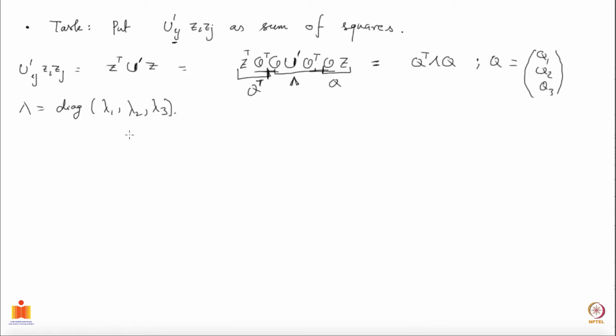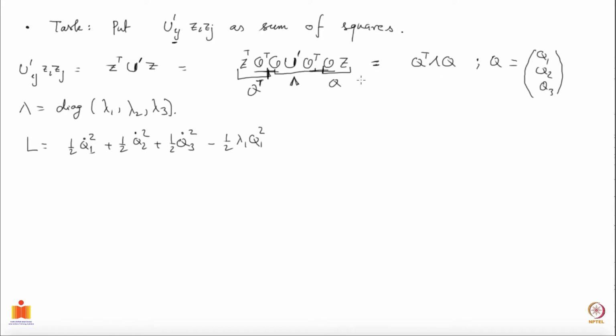So what do I have for my Lagrangian now? My Lagrangian looks like this: half q1 dot square, and then from here there was a half already. Let me write down first all the kinetic pieces: half q2 dot square plus half q3 dot square. Then the potential terms will give you minus half lambda 1 q1 square. Is that clear?